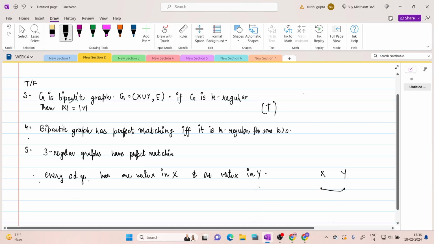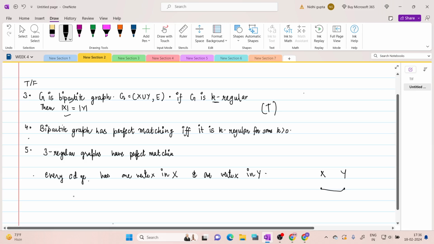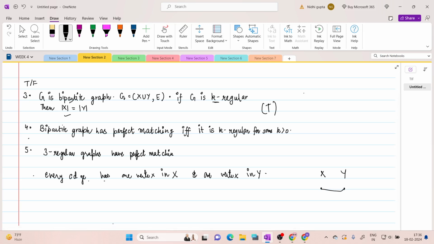Now, why, if it is k regular, does this say that order X equals order Y? So first, can we say this?